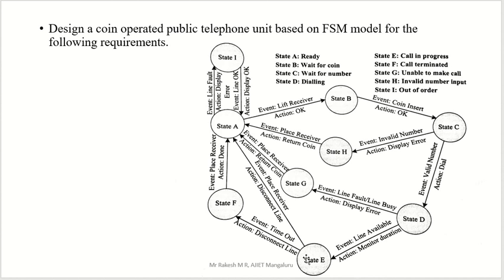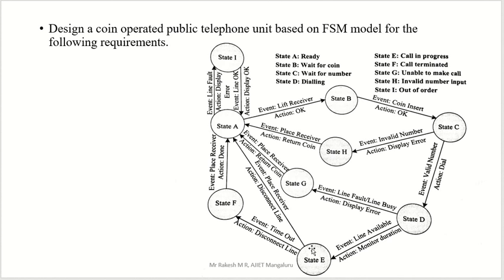Either you place the receiver, or there is a timeout, because you are putting a coin. For that particular coin we have only some duration of time for communication. Here either timeout or you place the receiver. Those are the two options when the call is in progress. Before the call terminates we have two options.